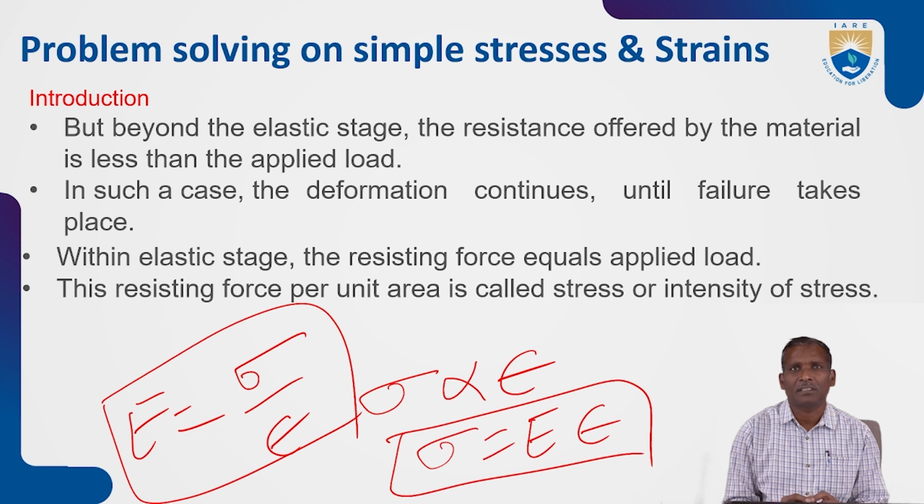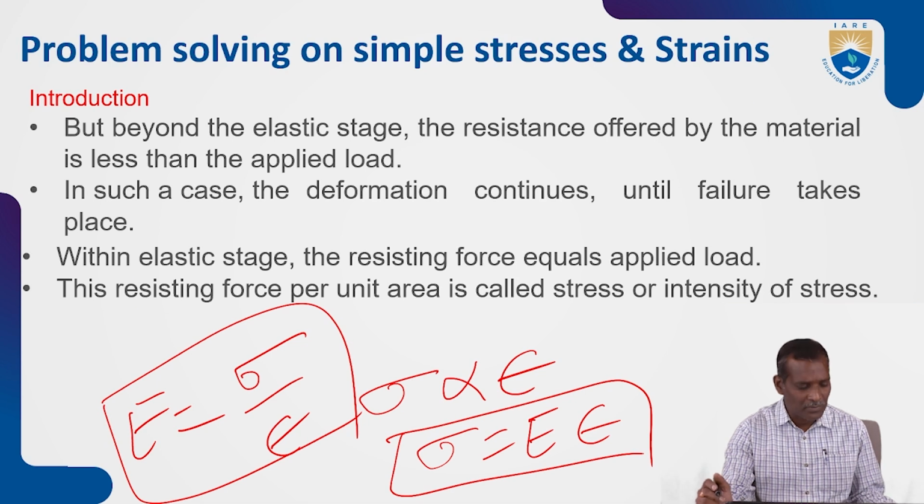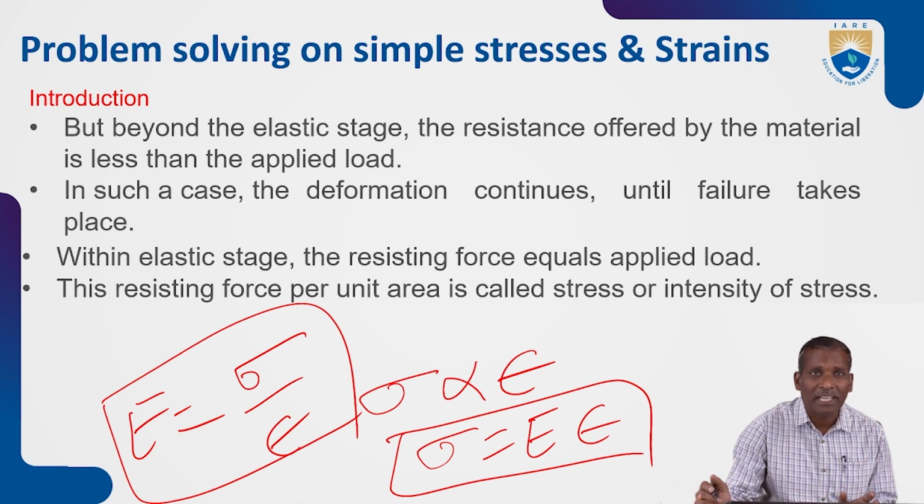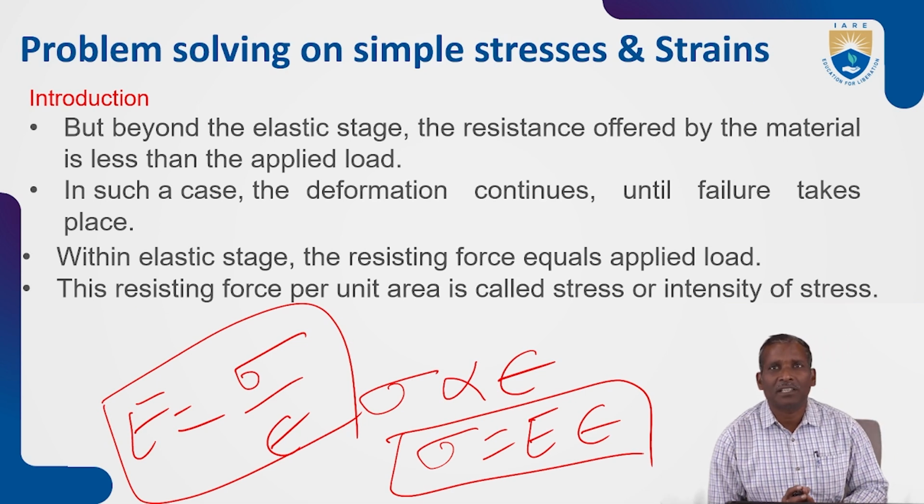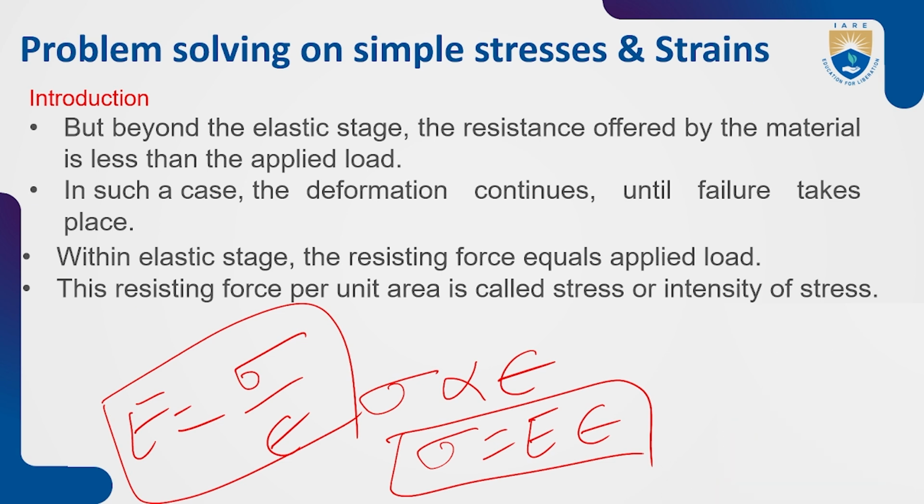After this, it reaches the ultimate stress, which is the maximum stress. Beyond this ultimate stress, the component will fail. Within the elastic state, the resisting force equals the applied load, and the resisting force per unit area is called stress, or intensity of stress.